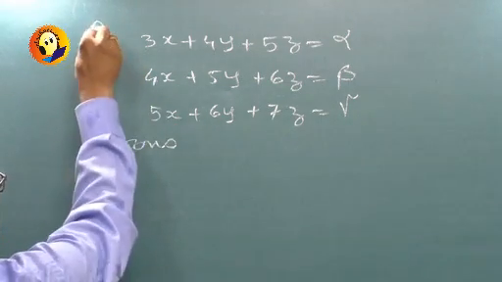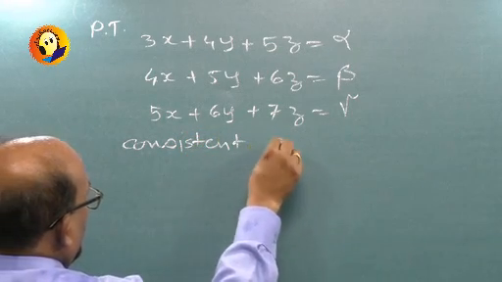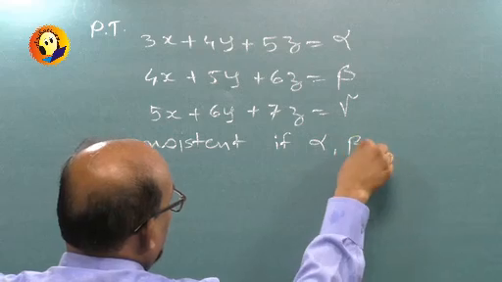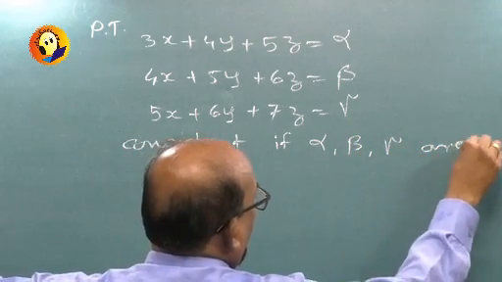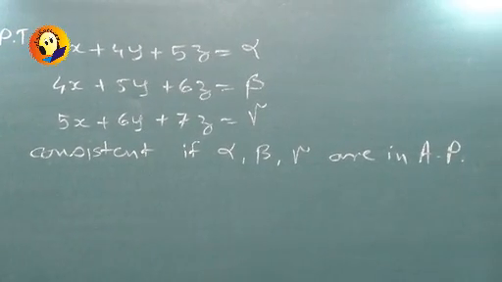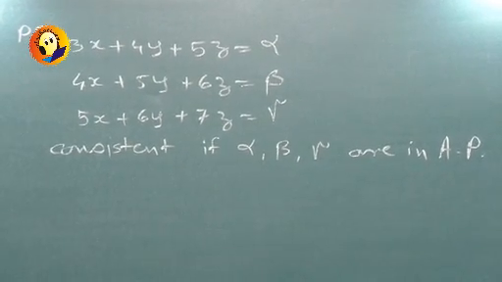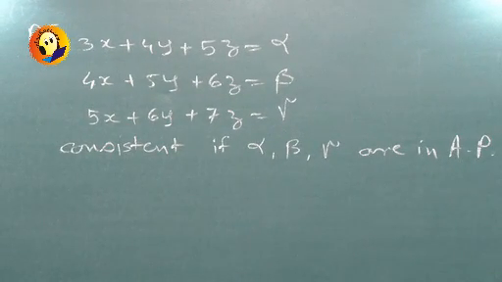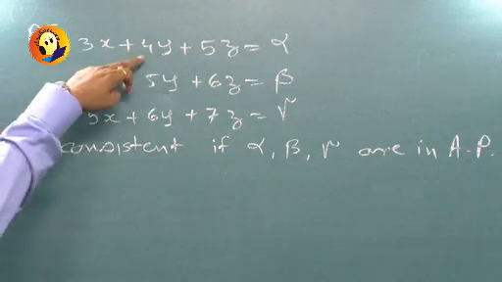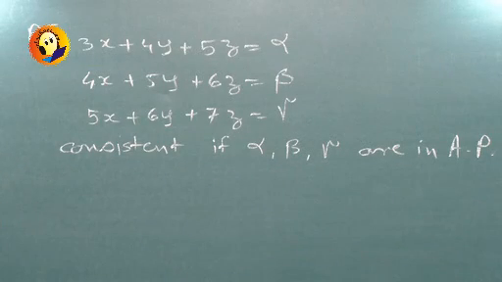It is to be proved that these equations are consistent if alpha, beta, gamma are in arithmetic progression. So now the variables have increased to 3. We can clearly say that this is in AP, this is in AP, and this is also in AP. So this has to be in AP, but we will have to prove it.